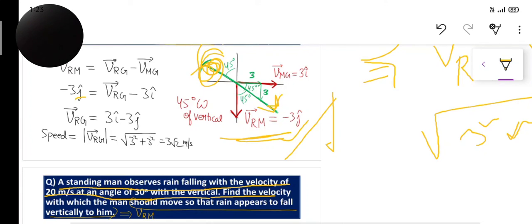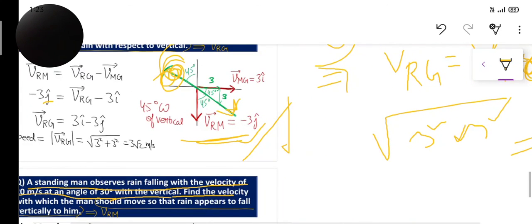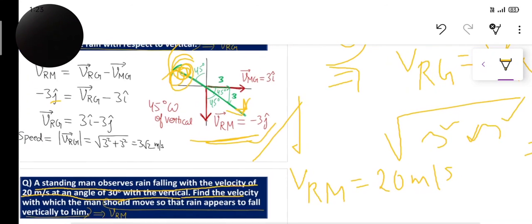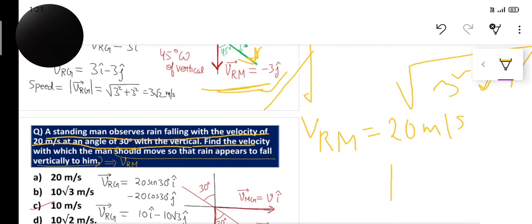Find the velocity with which the man should move so that the rain appears to fall vertically to him. The velocity of rain with respect to man is 20 meter per second, and the angle is like this, 30 degrees with the vertical.